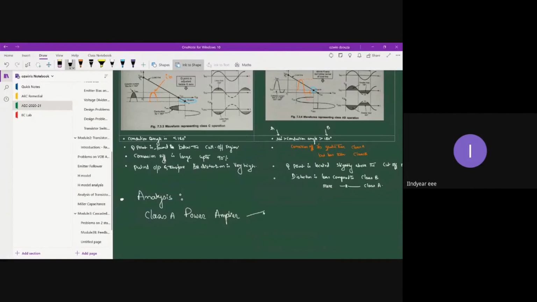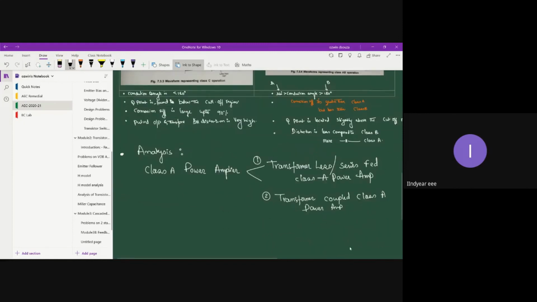In class A, we have two types: transformer-less, which is also called series fed class A power amplifier. This is the first type, and the second type is transformer coupled class A power amplifier.